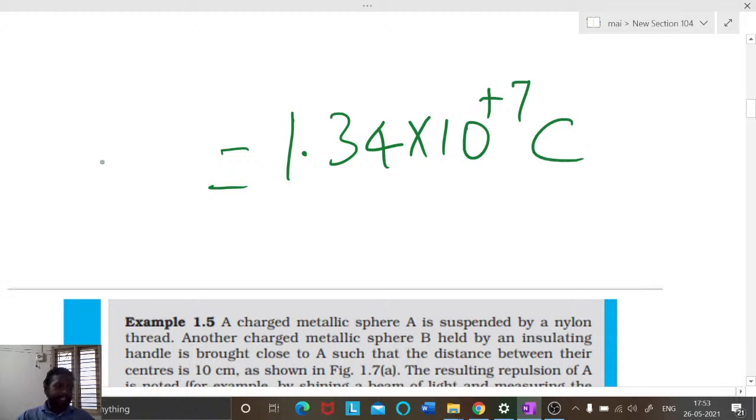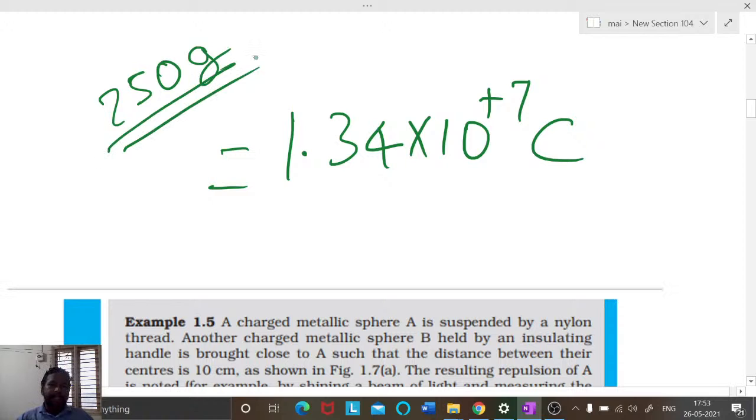So this much charge of protons or charge of electrons will be there in 250 gram of water. It's a very simple explanation.